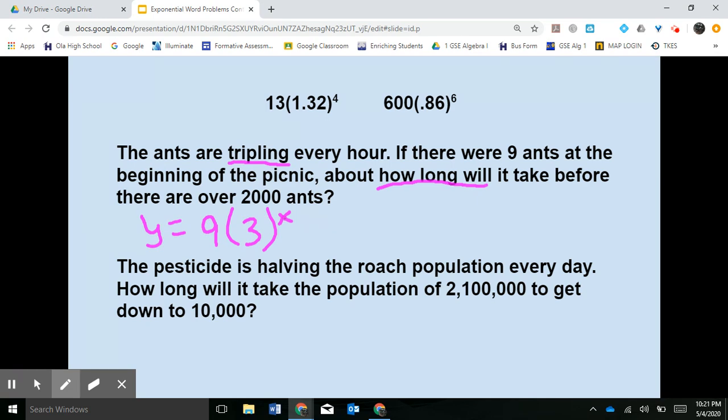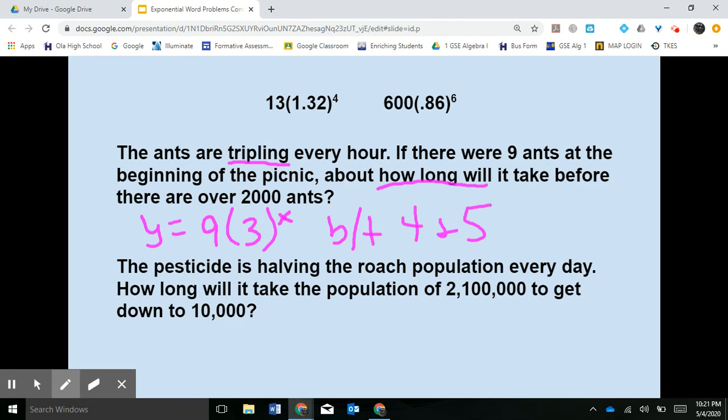I started off with 5. It was way too much. I came back down to 4. So when I did it, you would just say between 4 and 5 hours. Again, it's just putting in your calculator, guessing and checking until you get below 2,000 and above 2,000, and that tells you how long it's going to take.